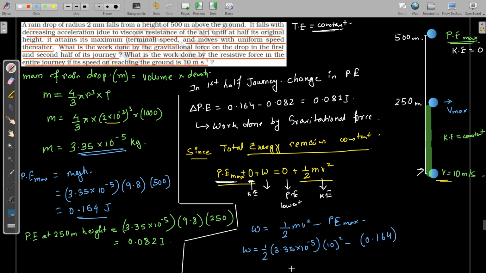So if I calculate this, we get 3.35 times 10 to the power minus 5 into 100 divided by 2.